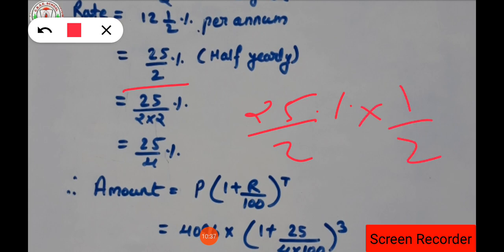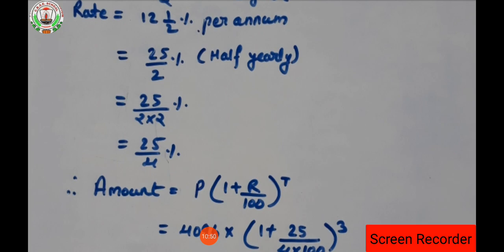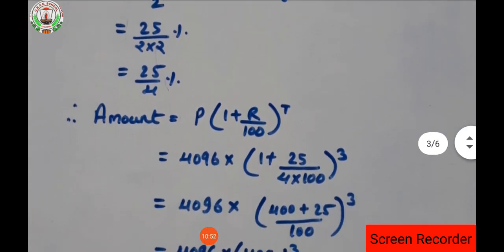Or if we talk about multiplication, it will be multiplied by 1 by 2. So what will be the rate we are having? That is 25 upon 4. Clear everyone?